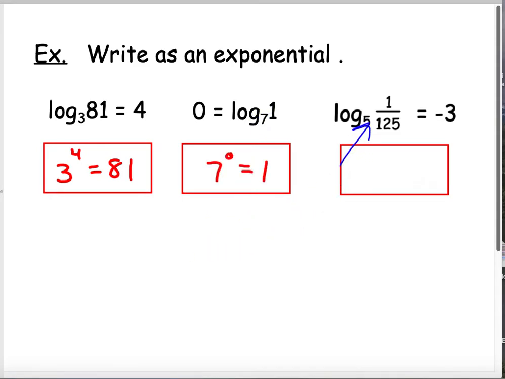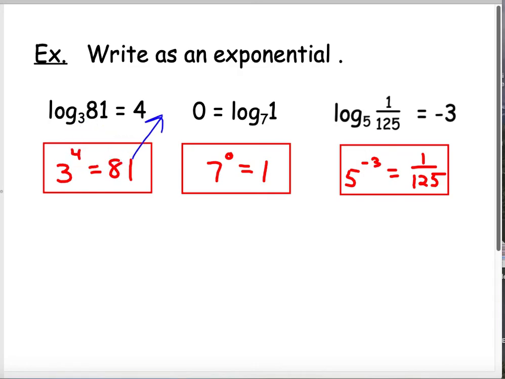And for this last one, 5 raised to the negative 3rd power should equal 1 over 125. And the nice thing is you can check these, and yes, 3 to the 4th power does equal 81, 7 to the 0 does equal 1, and 5 to the negative 3rd does equal 1 over 5 to the 3rd, which is 1 over 125.